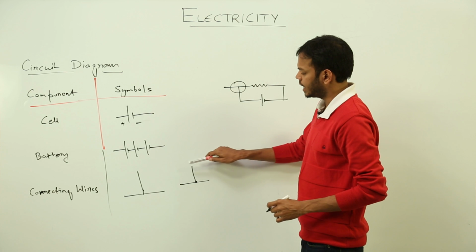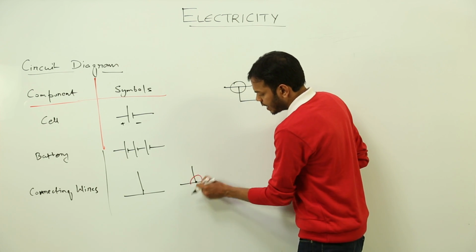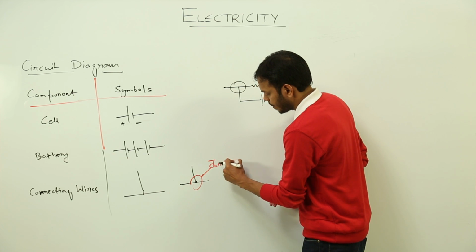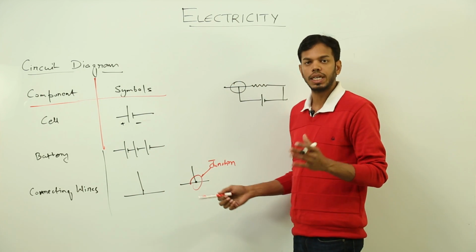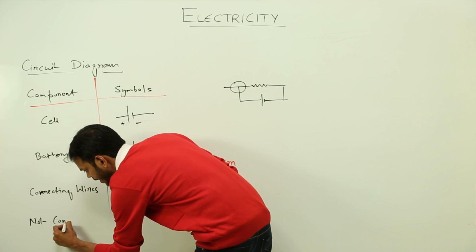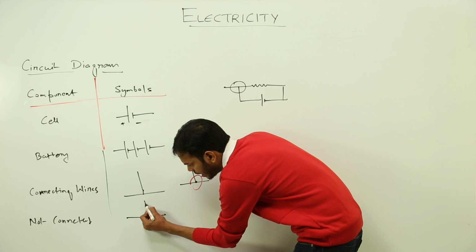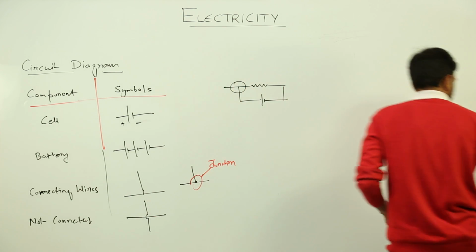That means these two wires are connected, and this part is called a junction. Now if I want to draw the same two wires but they are not connected, then you have to show it like this: a wire, and the second wire goes around it. This is how we have to draw it.